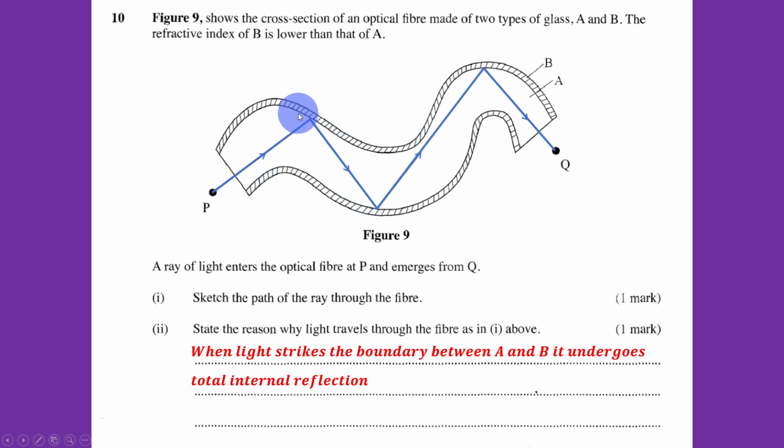At each and every point here there is total internal reflection. So there is no loss of energy of this ray, because all of it, the incident energy, is totally internally reflected. So when light strikes the boundary between A and B, it undergoes total internal reflection, because the conditions for total internal reflection have been achieved.